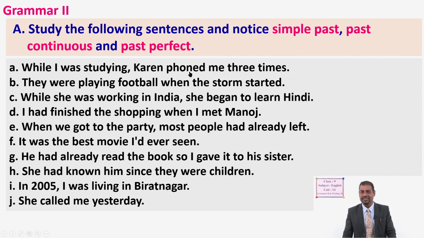Good job, simple past. Now, can you tell me why do you say past continuous is used here? Good job. There is the use of auxiliary verb was and then we have present participle form of the verb, or in simple local term you can say verb plus ing, okay, was studying.